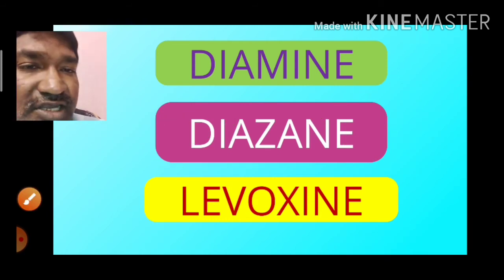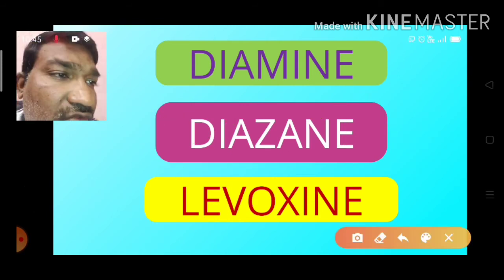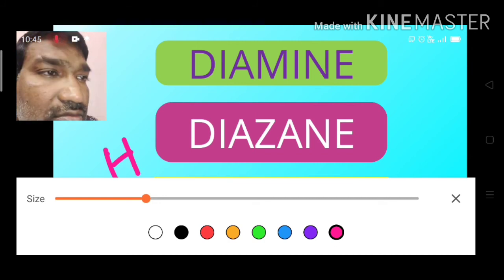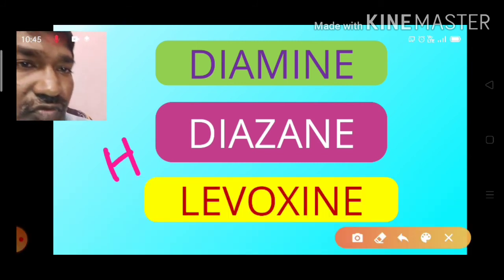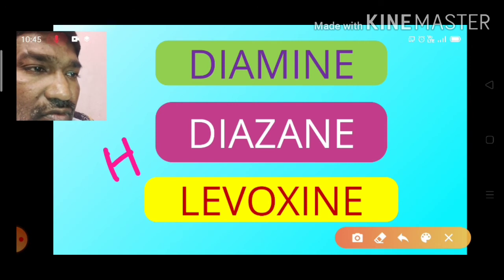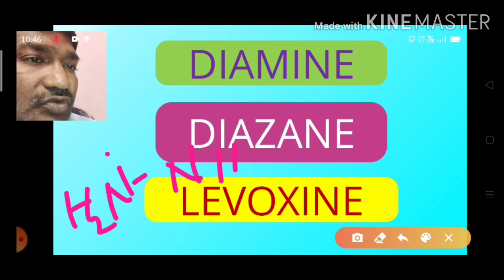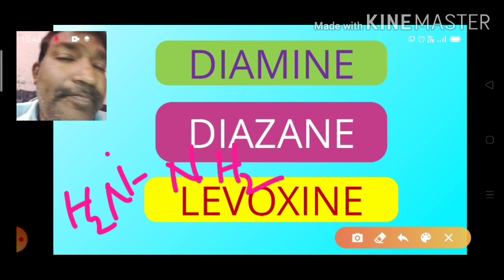I write clearly once again: in hydrazine we have two NH2 groups. Look here, my dears, we have two NH2 groups, so that's why it is known as diamine.